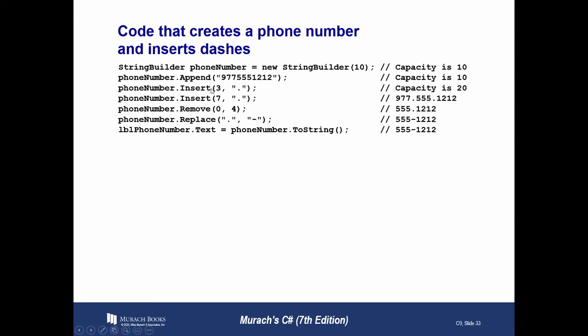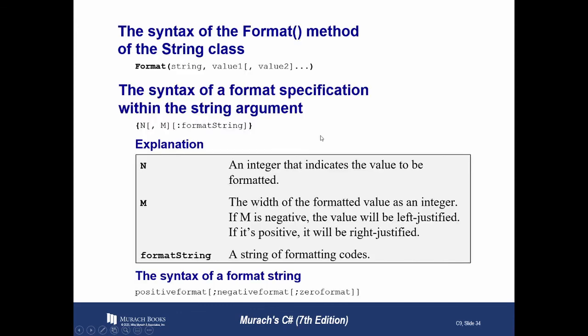I've got my insert, and I've got remove, and I've got replace. I have all these different sort of options available to me now that I've got an instance of my StringBuilder. Okay, so phoneNumber now, because it was created from the StringBuilder, can now implement all of these different methods. Okay, and notice here that we've got ToString in there as well, down at the bottom.